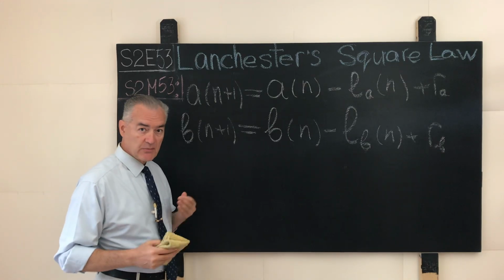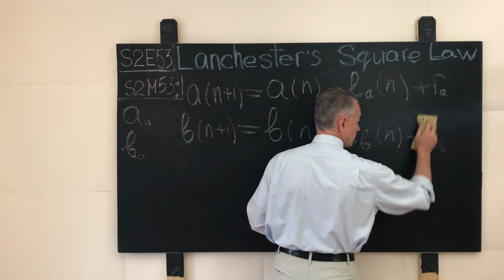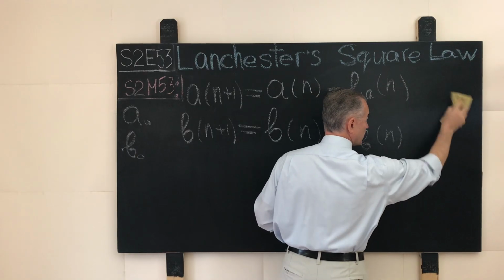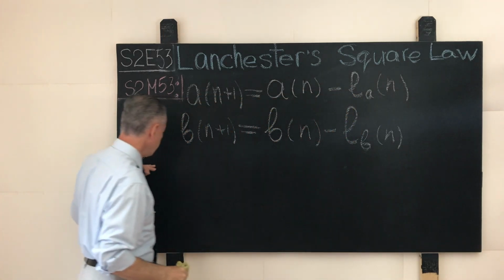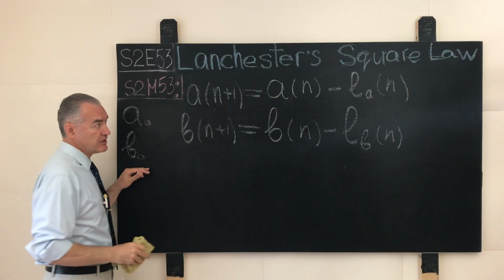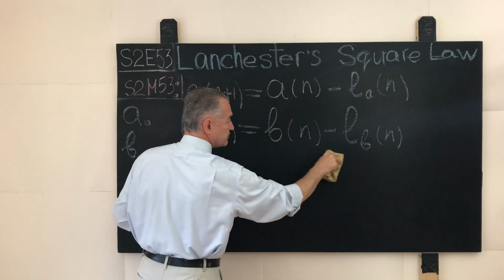We need to know something about how this reinforcement is delivered. But according to our assumptions, remember, there are no reinforcements available to either army during the battle. That is why we say that this combat model is static or closed, and these are the only terms that we have in our basic relations.